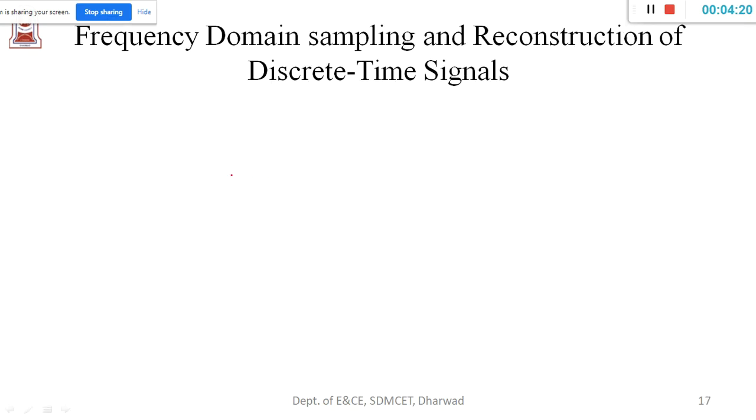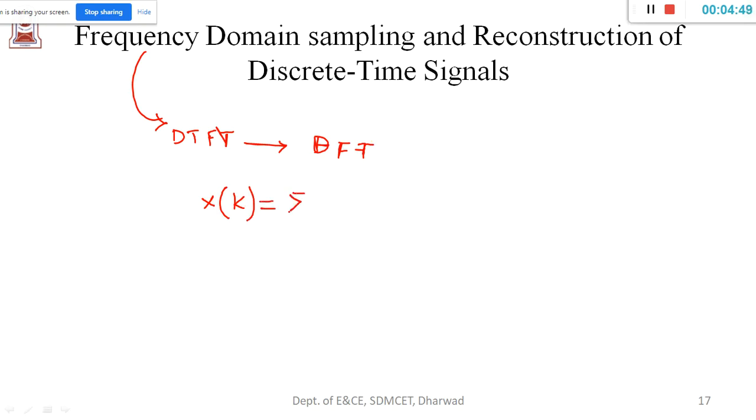This is what we saw in the last class, along with the frequency sampling of the DTFT. Frequency sampling of the DTFT gives rise to the DFT, right? And we got to know the equation for X of k.